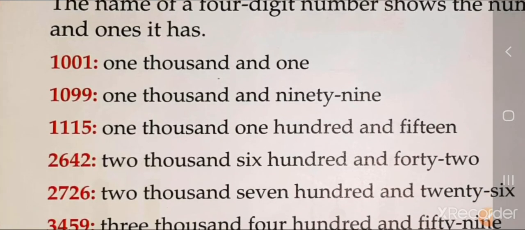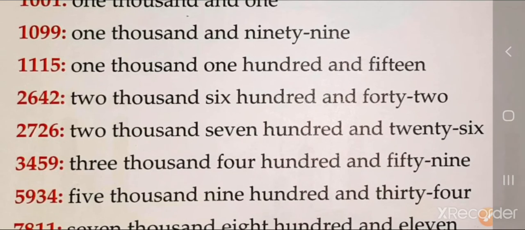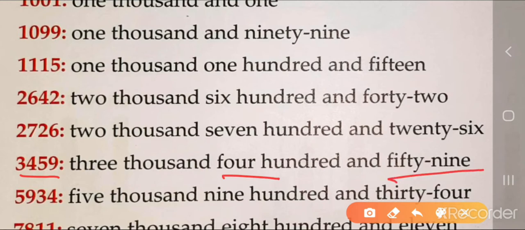1115. Okay, 2642, 2760, 3459, because there is a valid digit on each place: 9, 5, 4 and 3. So we are writing here 3459.